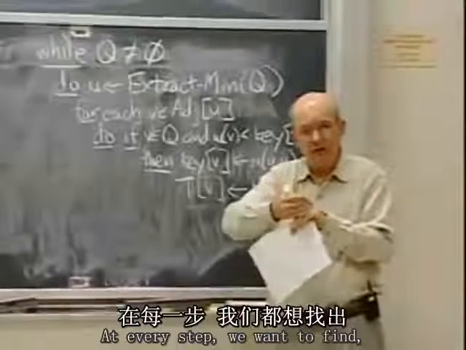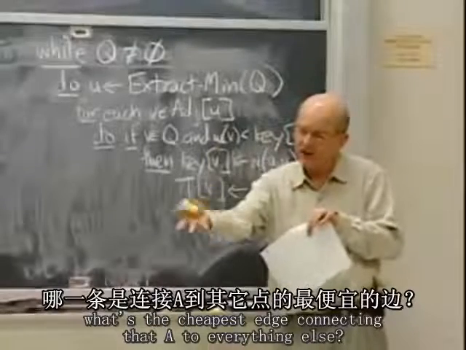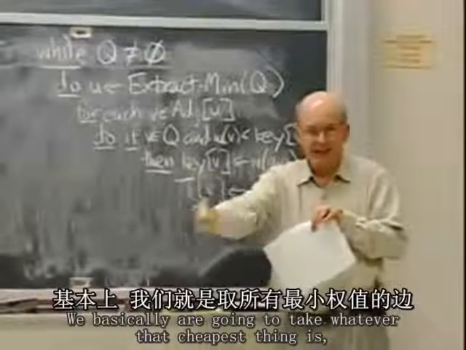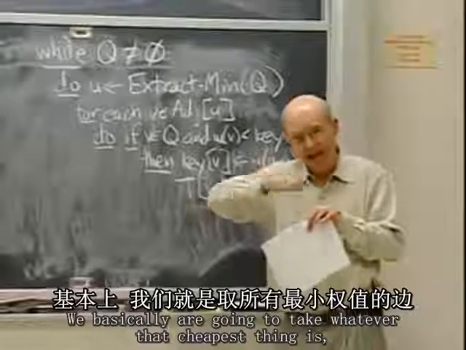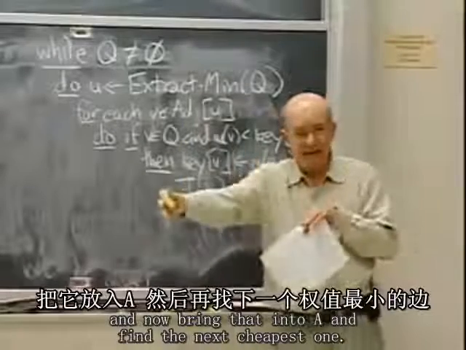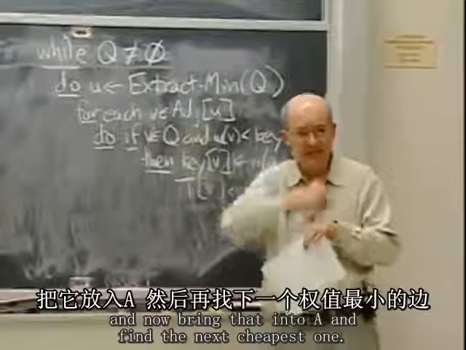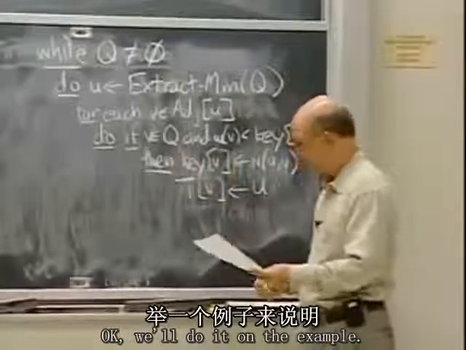At every step, we want to find the cheapest edge connecting that A to everything else. We basically take whatever that cheapest thing is, add that edge in, bring that vertex into A, and find the next cheapest one. We just keep repeating that process. We'll do it on the example.